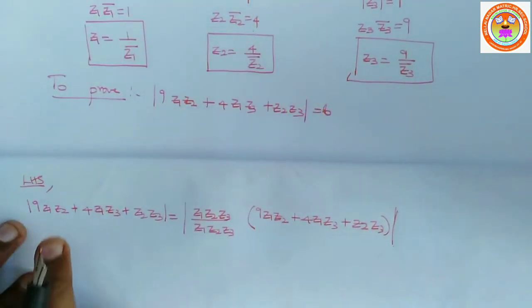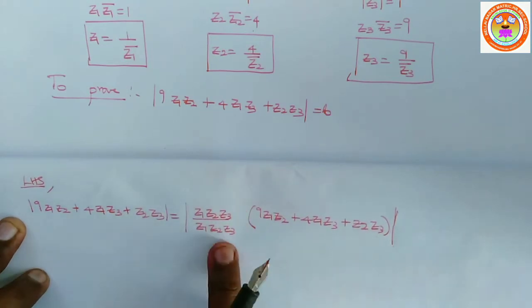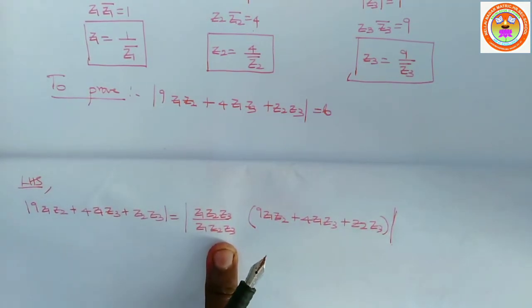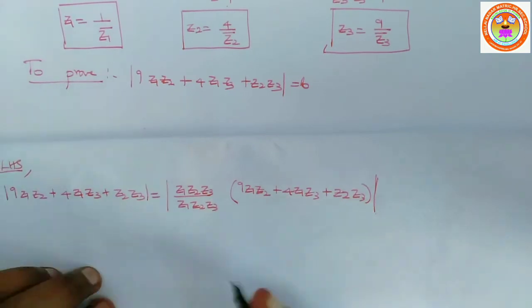What I have done inside the modulus is multiplying and dividing by Z1, Z2 and Z3.